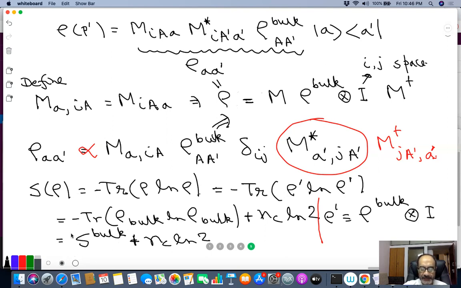If the bulk state itself was entangled, then the entanglement entropy of that state gets added. Is this okay? Are there questions?